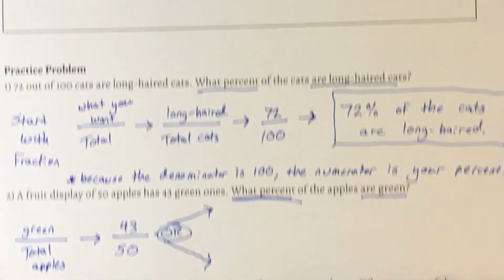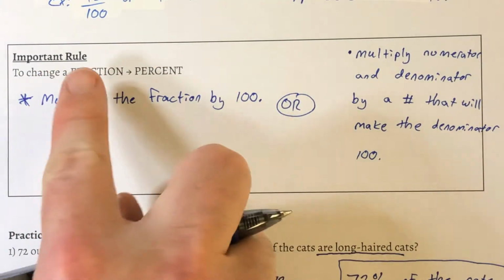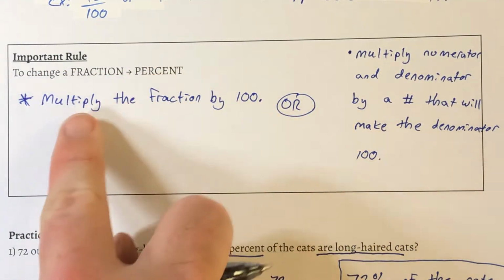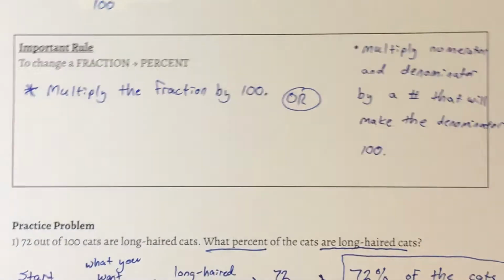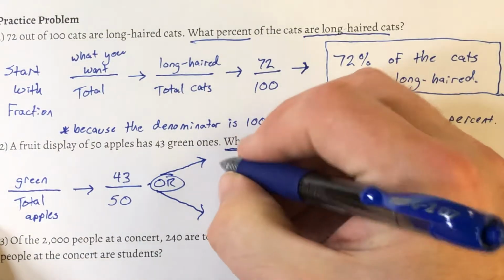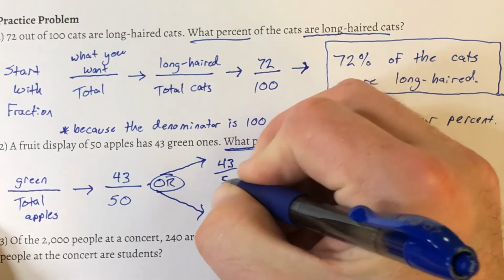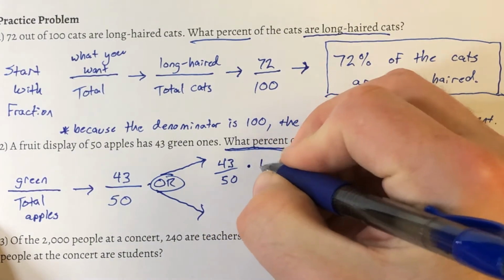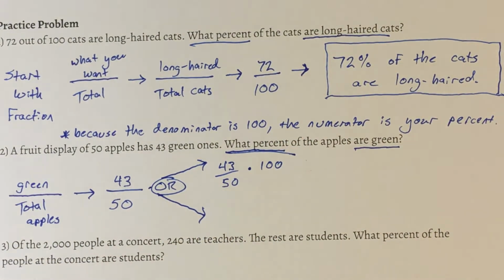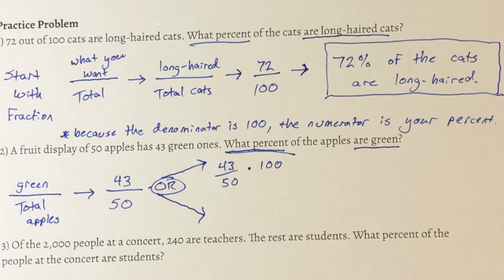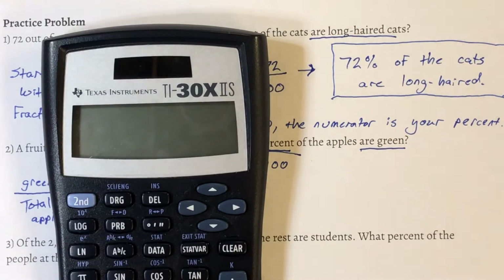Let's use our primary rule, which says to convert a fraction to a percentage, we're going to multiply your fraction by 100. So 43 50ths, we're going to multiply by 100. All right, calculator time.